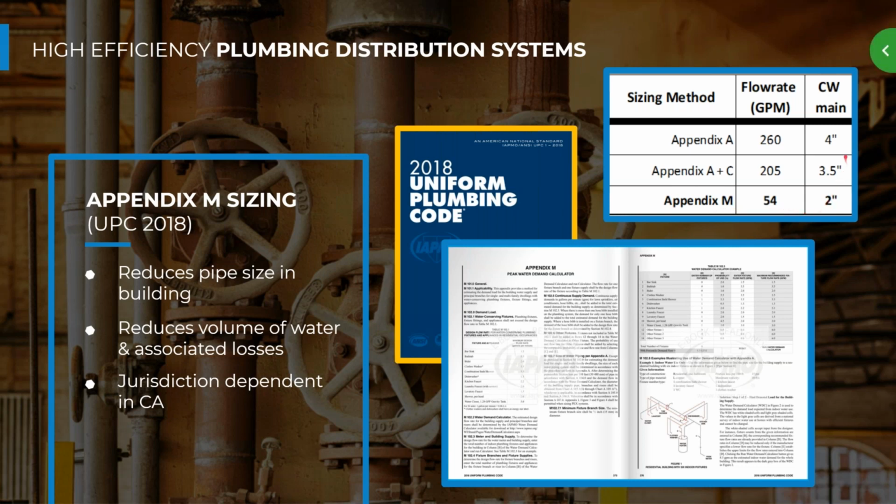And once again, you're going to reduce that 4-inch main to a 2-inch main, and that will roll over into first cost savings, because we all know it's cheaper to buy a 2-inch pipe than a 4-inch pipe, as well as it's going to reduce the temperature maintenance distribution losses, because now our distribution piping got smaller. And so that smaller piping means less heat loss because there's less surface area of that piping.